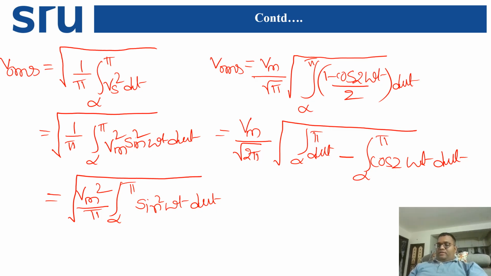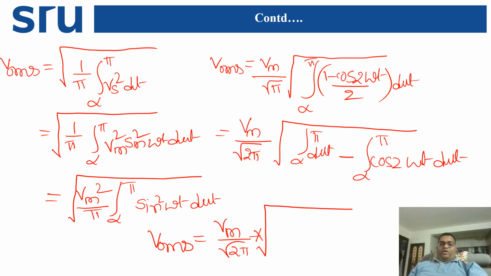Now coming to the second stage, finally V naught RMS is equal to Vm by root 2 times pi into square root of pi minus alpha minus sin 2 omega t by 2 integration alpha to pi.